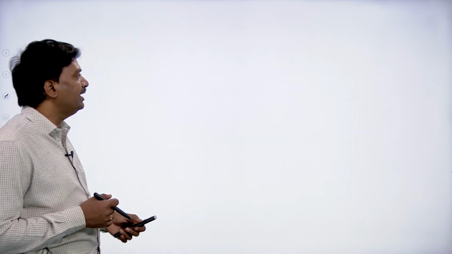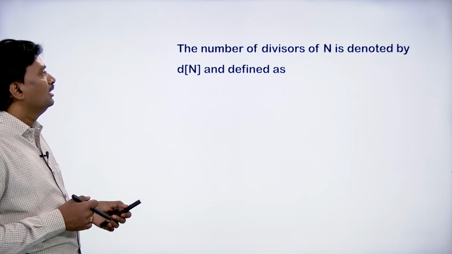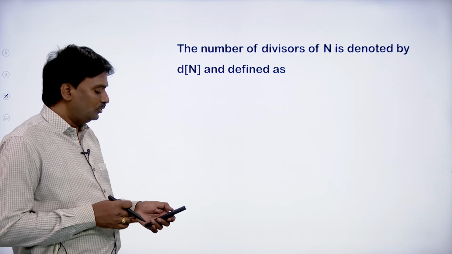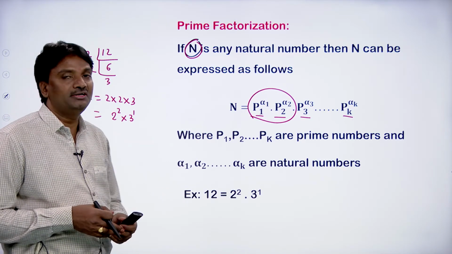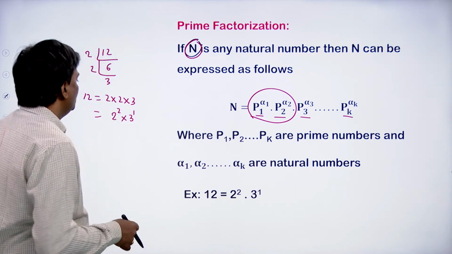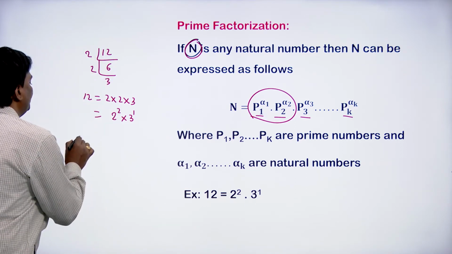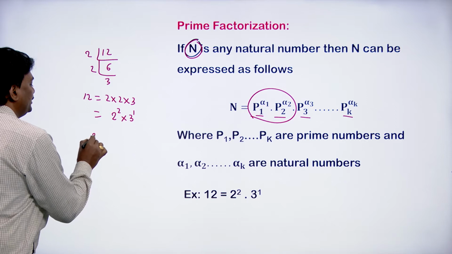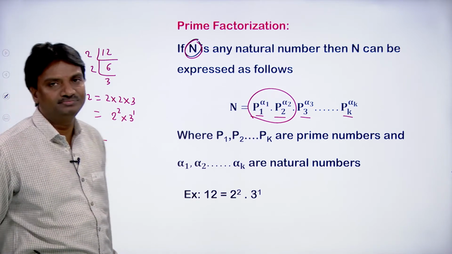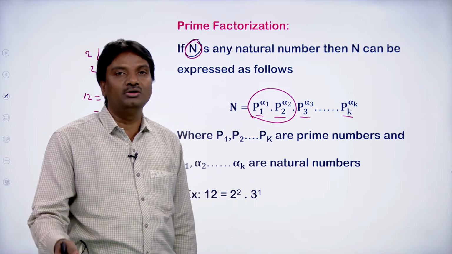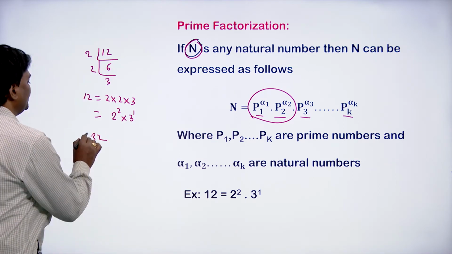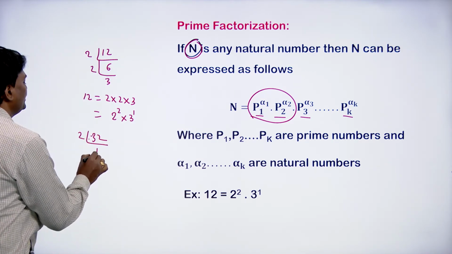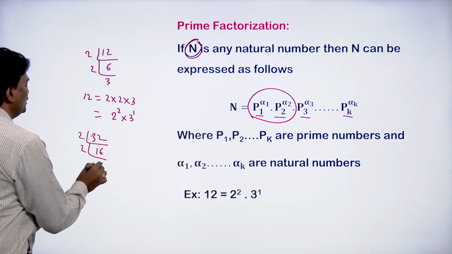Similarly, if you take another number, we have taken one number, that is 12, which is 2 square into 3 power 1. If you want to take another number, for example 32, you may take any number. It is not necessary to take only 12 or 14. If you take 32, this 32 can be written as 2 times 16, 2 times 8, 2 times 4, 2 times 2.